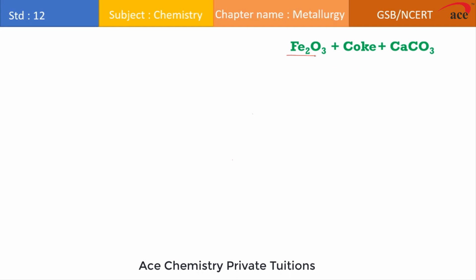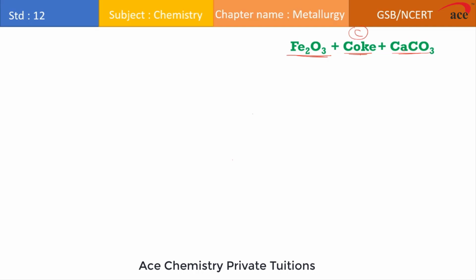One is the metal compound which is present in the ore. It is mixed with coke. Now you know that coke is one of the allotropic forms of carbon, so it functions as a reducing agent. The role of coke is to reduce the metal oxide to metal. And we have also mixed in calcium carbonate.